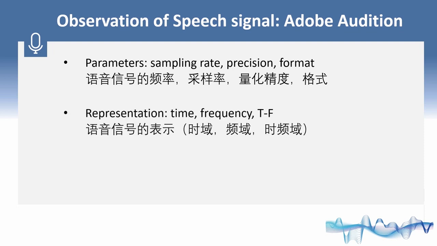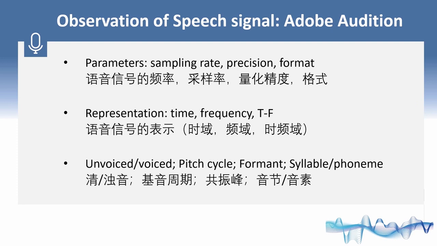We can investigate the signal in time and frequency domain, and the spectrogram is a very useful observation method in speech processing. Moreover, we can observe the unvoiced and voiced pitch cycle, formants, syllable, phoneme in Audition software.